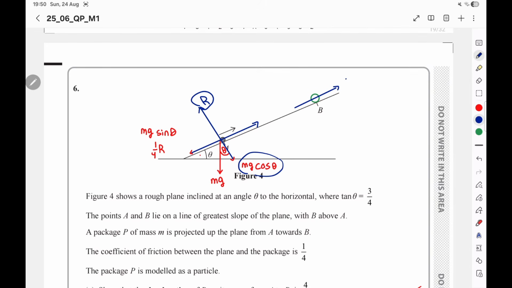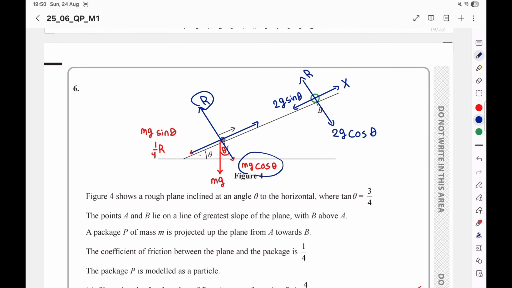Its direction is up the plane. Normal reaction upward, weight as it was mg cosine theta, now 2g cosine theta, and backward 2g sine theta.